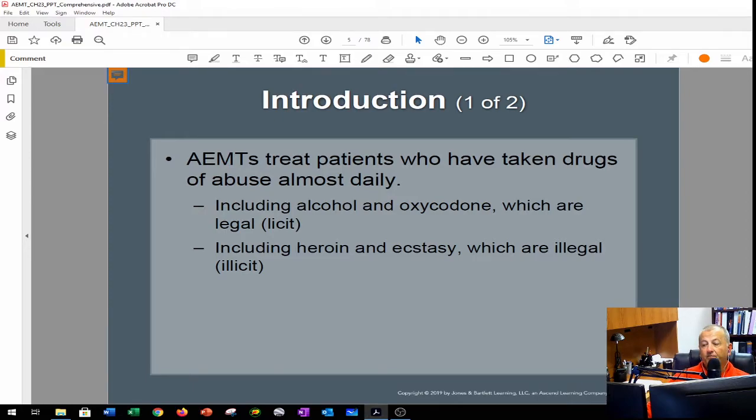Whether accidental or on purpose, there's two different types of poisons, right? We have the ones with illegal, illicit drugs. And then we have those drugs that the accidental ones sometimes happen with, which are legal.